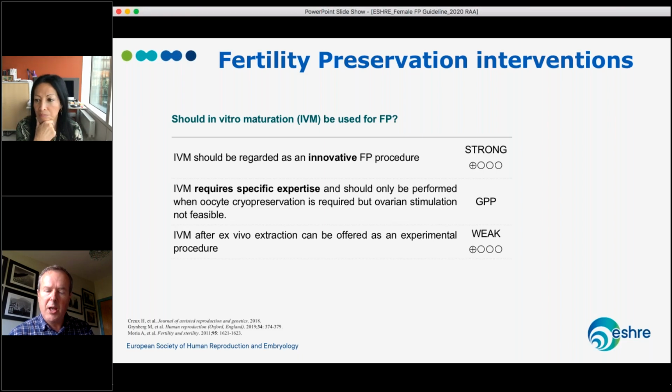But it does require specific clinical and laboratory expertise, and therefore it's perhaps less widely available and really only used when oocyte cryopreservation is required, but the ovarian stimulation is associated with risks or in some way not feasible. In vitro maturation after ex vivo extraction is also a possibility, but we felt that this was still an experimental procedure and therefore essentially something to be largely considered in a research capacity.